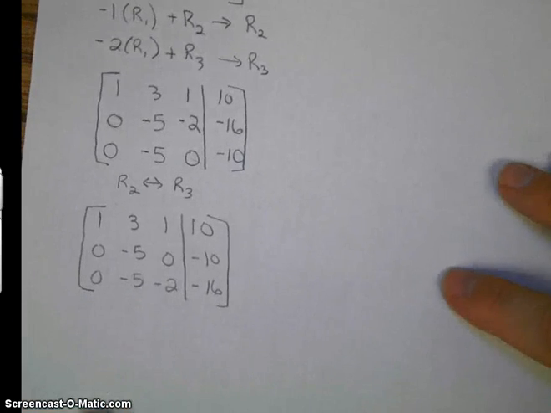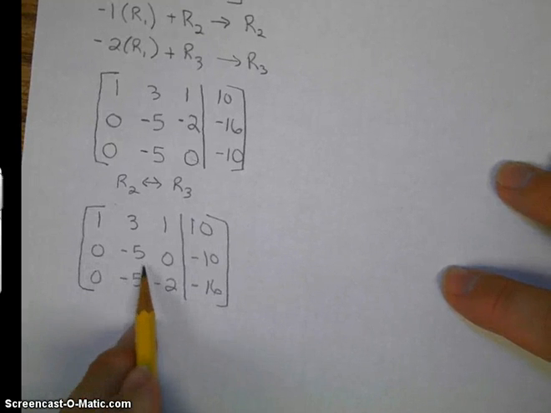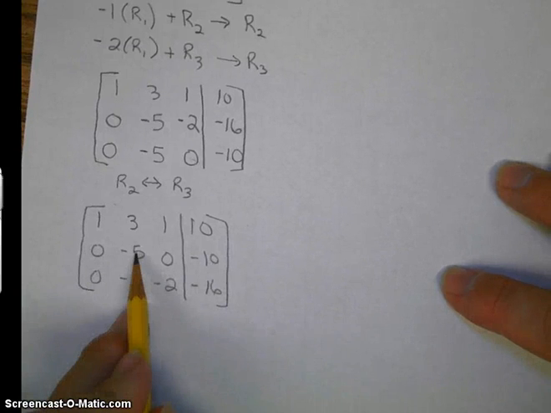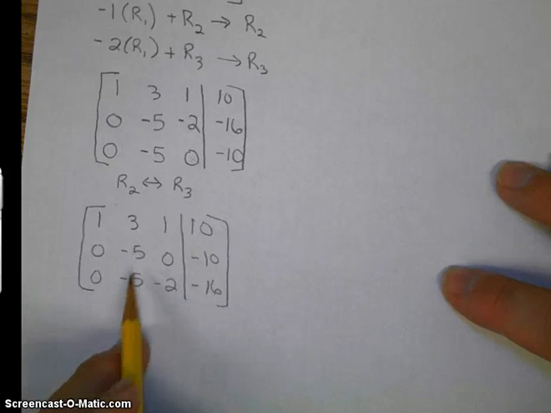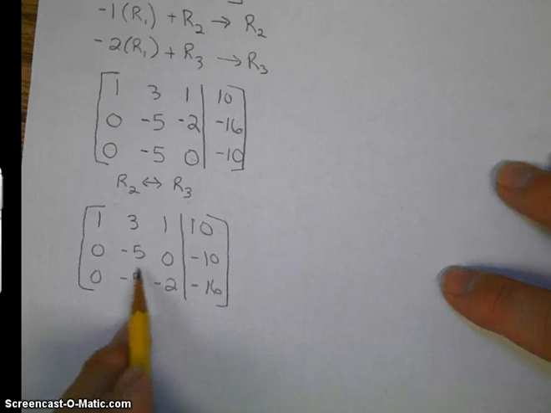Okay, next thing I'm going to do is see if I can get a 0 here. To do that, I'm going to multiply row 2 by negative 1 and then add it to row 3 to get me a new row 3, because I want a 0 here.